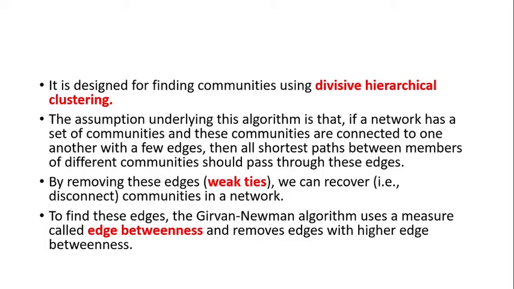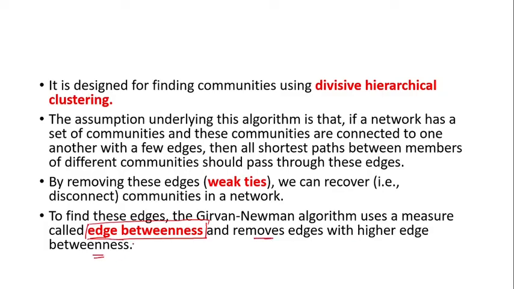The shortest paths that are passing through a particular edge, that particular concept is called edge betweenness. You can see here I have highlighted it with red color. This is edge betweenness. We have to find the edge betweenness. Okay students, so you have to find the edge betweenness and remove edges with higher edge betweenness.